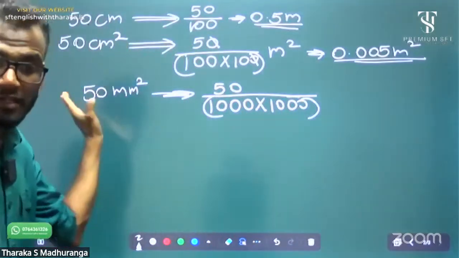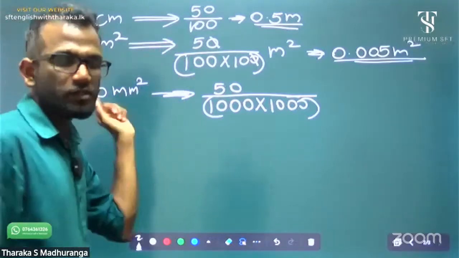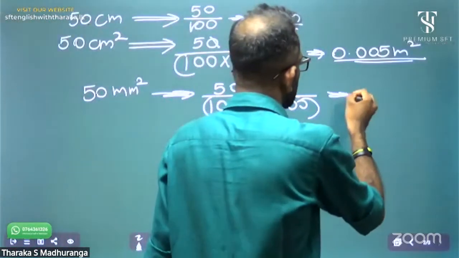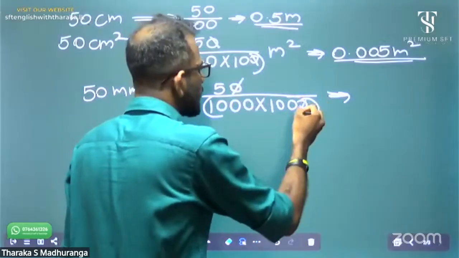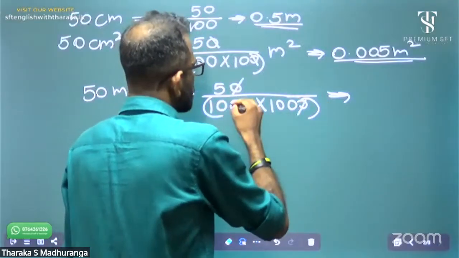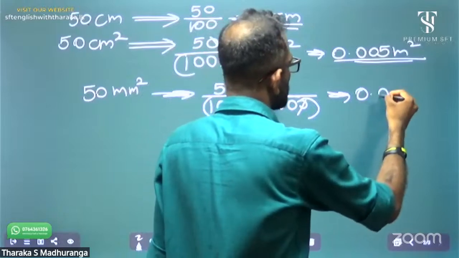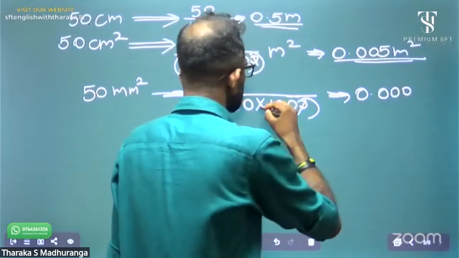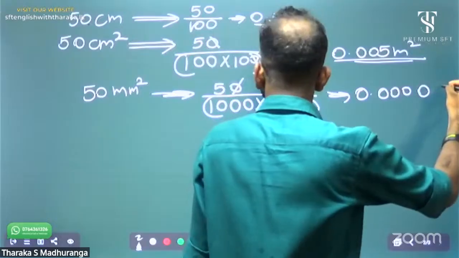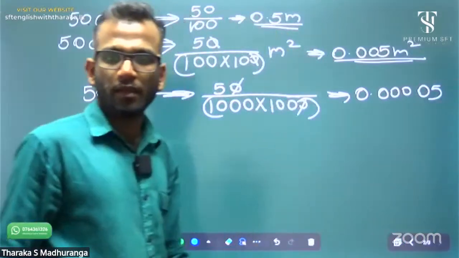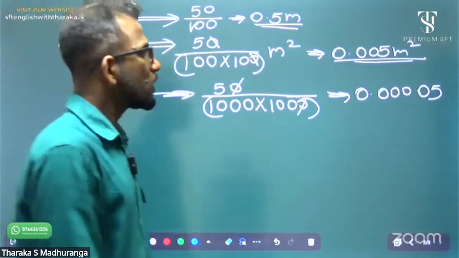Remember, understand the concept; you can't just remember these calculations, you have to understand the method. Then 0 to 0 cancel, 5 over 1 lakh, 0.00005 square meter.